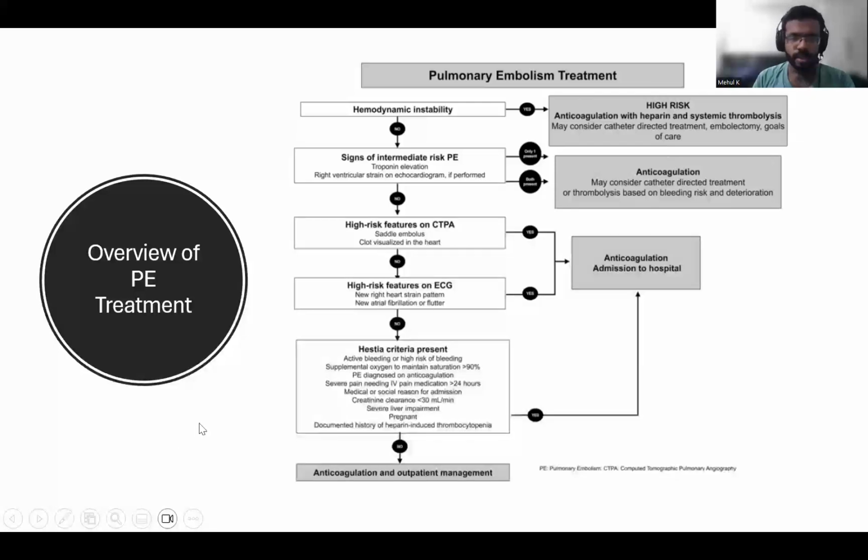No questions about that, because those patients are going to deteriorate. And if all of these things are absent, you don't have troponin elevation, no RV strain on the echo, then you can apply the HESTIA criteria. And if all of them are absent, then you can actually consider the patient for oral anticoagulation and discharge from the ED.